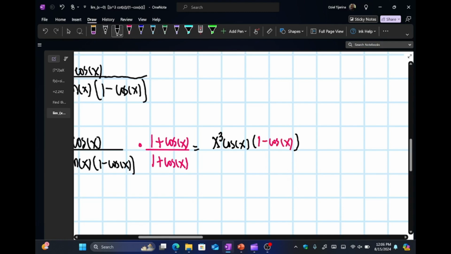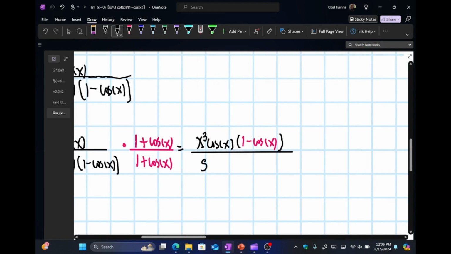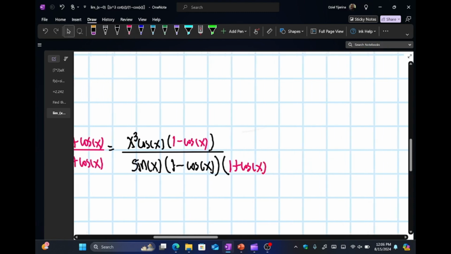And then over, it's going to be sine x times the quantity 1 minus cosine x times 1 plus cosine x.